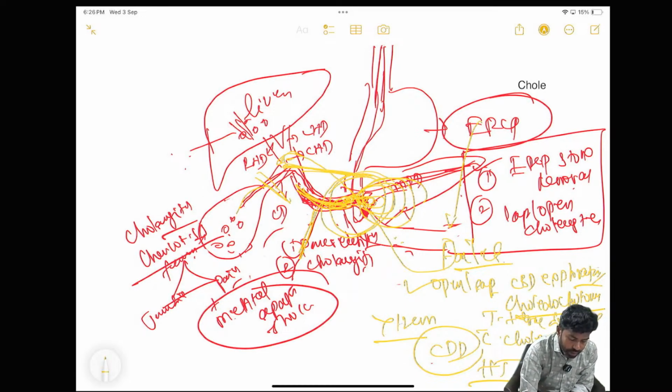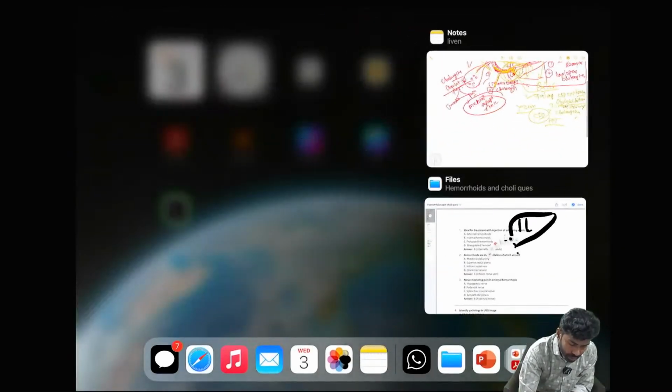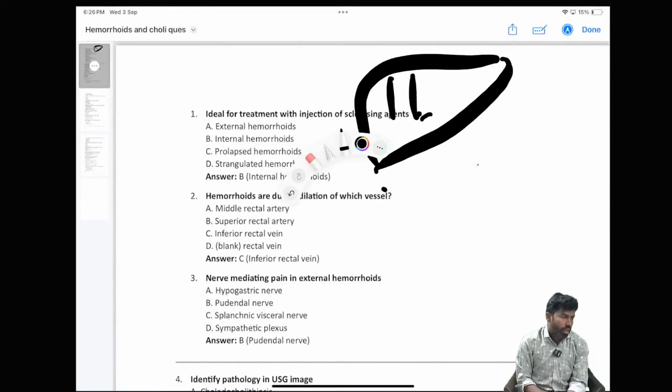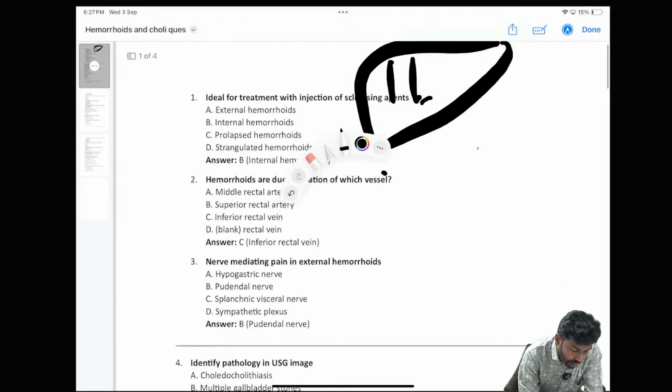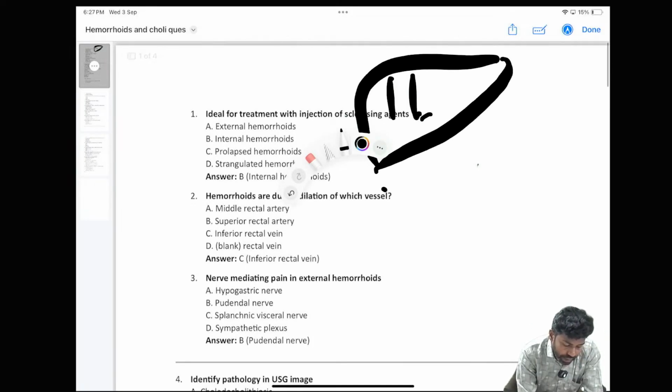Okay, now we will see the questions. The ideal treatment with injection of sclerosing agents. Sclerosing agents, what do we inject them for? Yes, you know, it is internal hemorrhoids. The hemorrhoids are due to the dilatation of which vessel? They will ask, which vessel? That is due to an anastomosis.